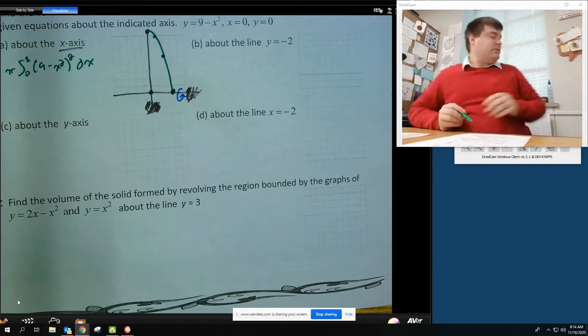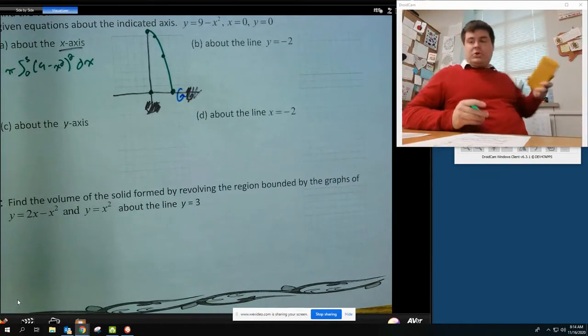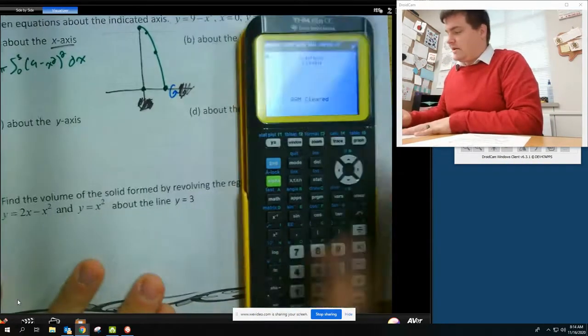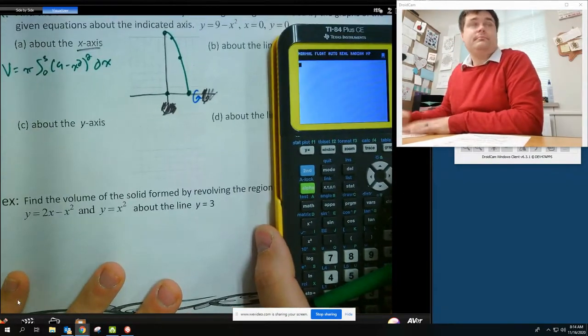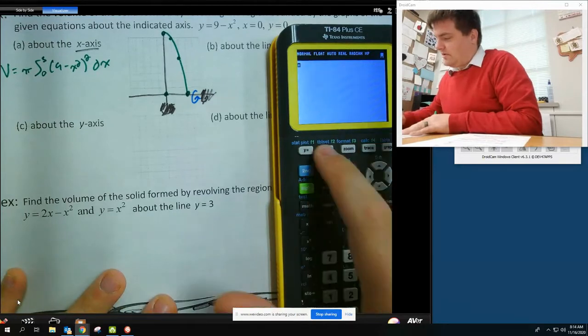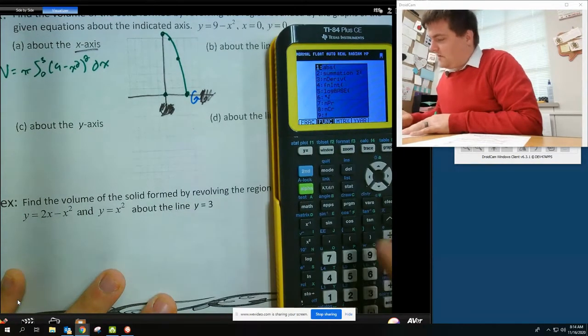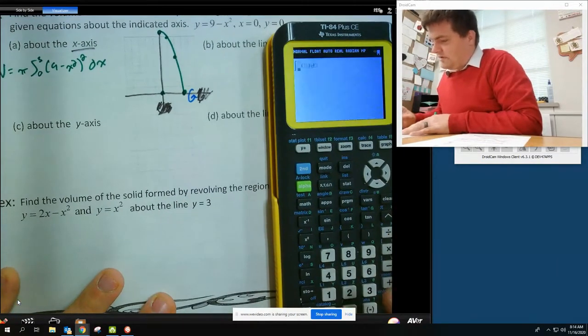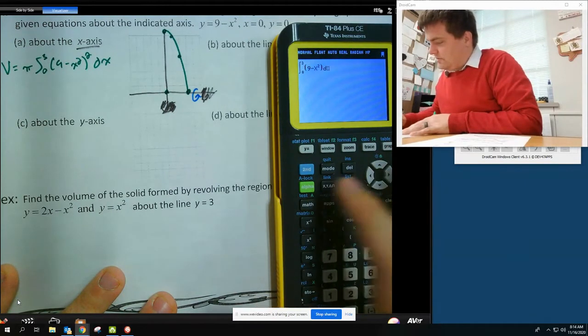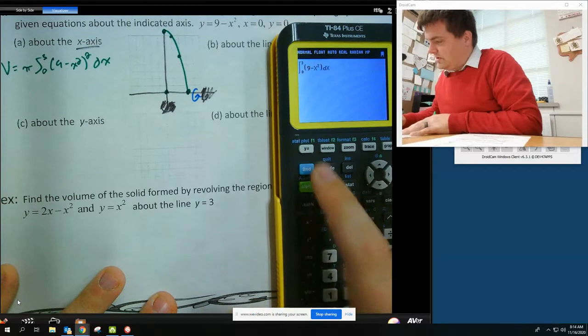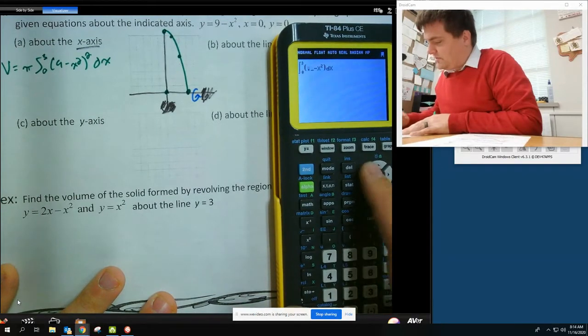Okay, so for these problems, we're just going to go straight to that calculator. So here we go. So I'm going to integrate. I'm going to leave that pi at the very end just for giggles. I'm going to integrate from 0 to 3 of this 9 minus x squared, and that all is going to be squared. Oh, I probably should insert more parentheses.